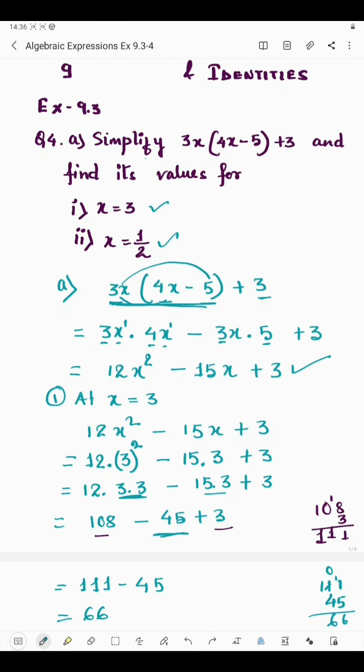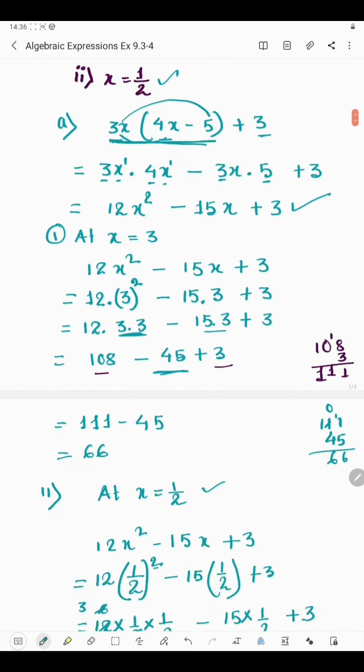So what we have observed here is that we have to find the value, but without simplification we cannot put the value directly in place of x. We need to simplify the expression at first, means we need to solve it, and then we will find the value for x equals 3 and x equals 1 by 2.